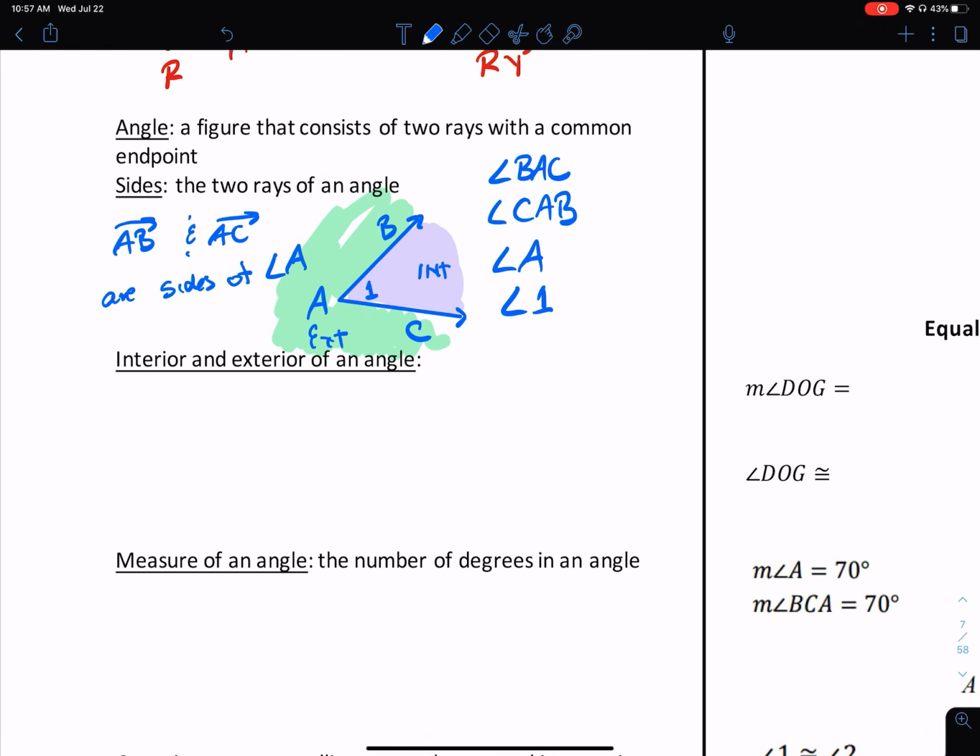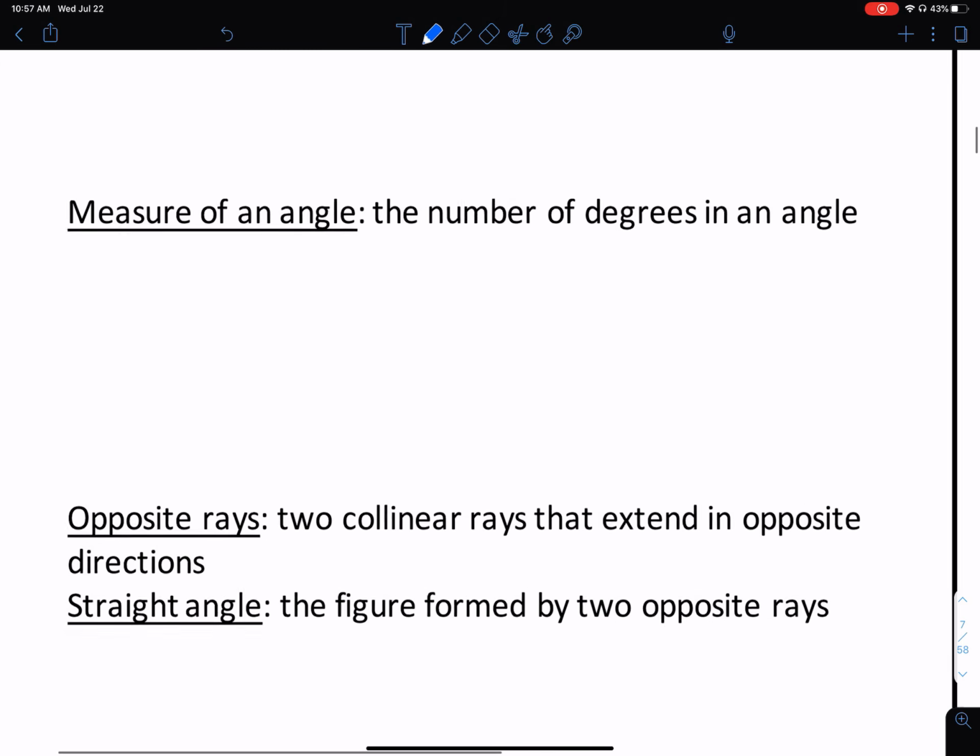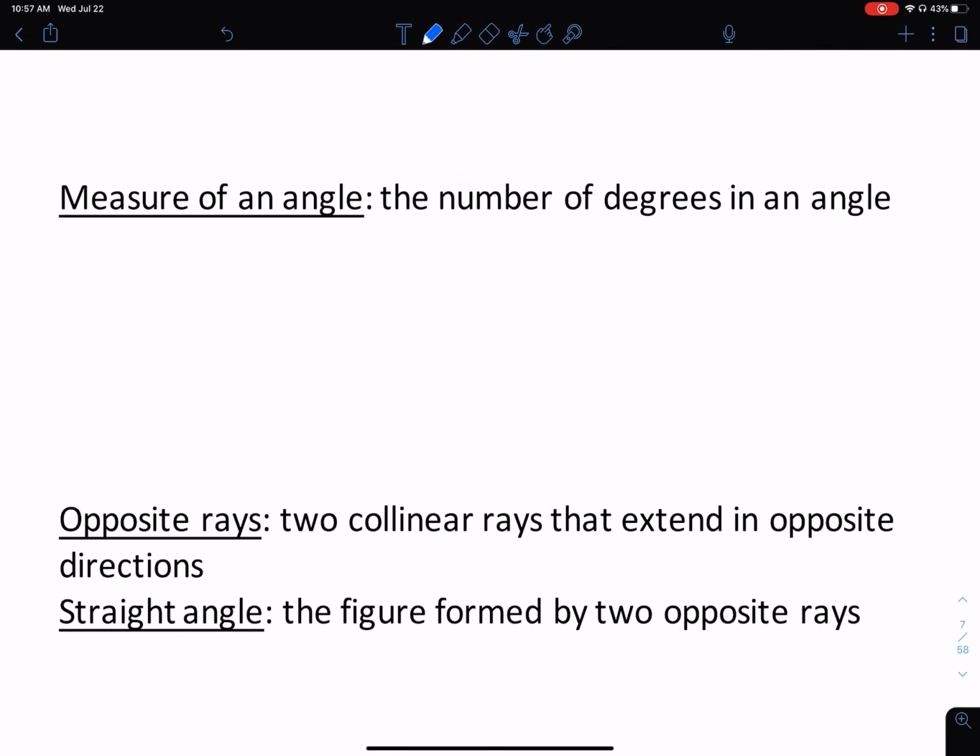Measure of an angle, super important. The number of degrees in an angle. So for example, let's say that we have this angle here, angle J, and we're told, notice this is kind of like an arc with an arrow on it, essentially what this is, and we're told this is 30 degrees.